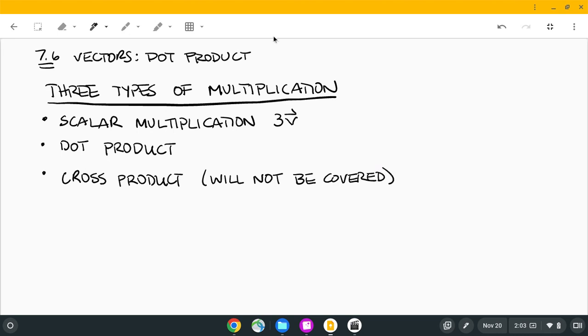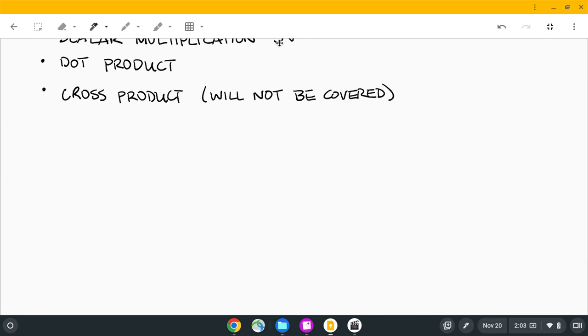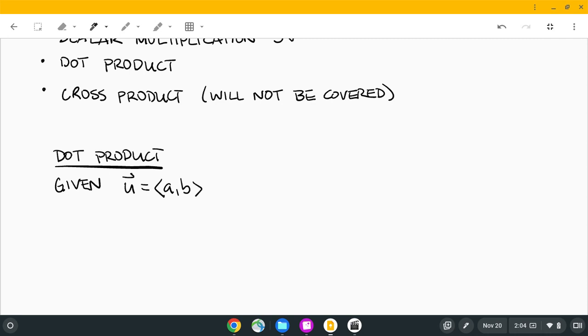Okay, so the dot product. Suppose you're given these two vectors, vector u with a component and b component, and vector v with c and d.